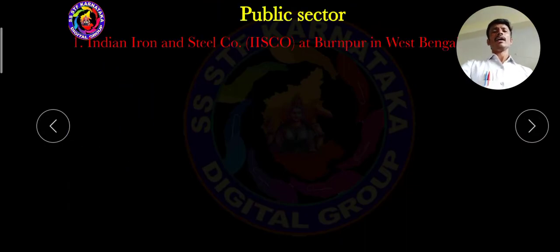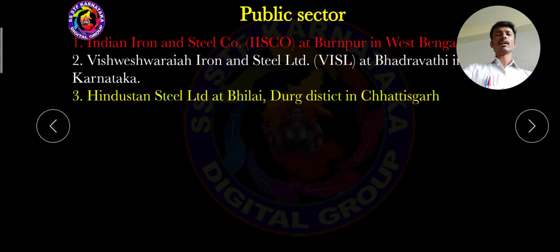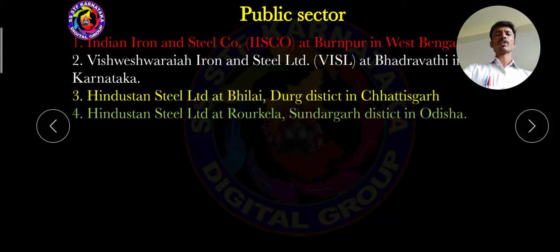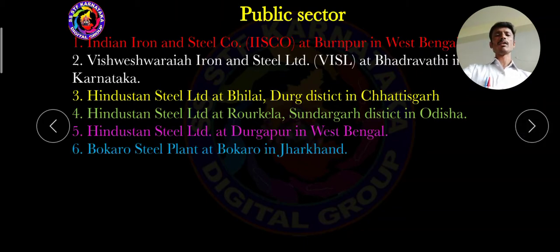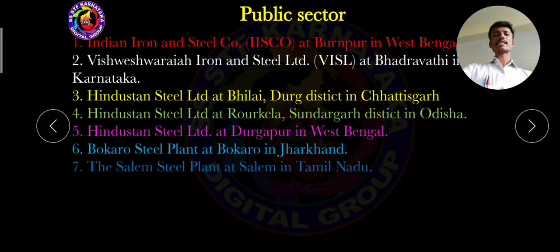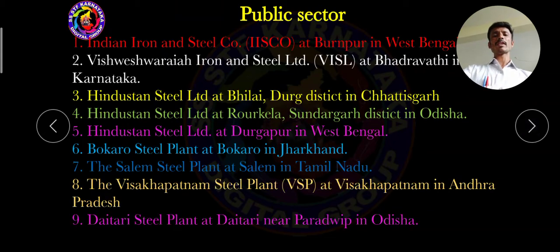I already explained Indian Iron and Steel Company, Vishveshwaraya Iron and Steel Limited, Hindustan Steel Limited at Bhilai, Hindustan Steel Limited at Rourkela, Hindustan Steel Limited at Durgapur in West Bengal, Bokaro Steel Plant at Bokaro in Jharkhand, the Salem Steel Plant at Salem in Tamil Nadu, the Vishakhapatnam Steel Plant at Vishakhapatnam in Andhra Pradesh.